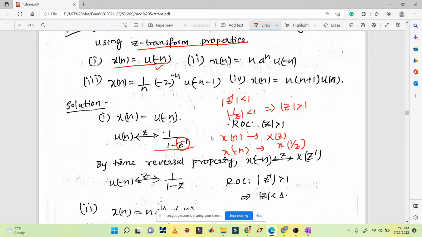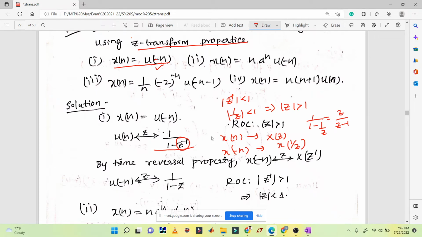So that's why for u of n what came was 1 divided by 1 minus z inverse, or on simplifying, what came was 1 divided by 1 minus 1 by z. So I will get z divided by z minus 1.